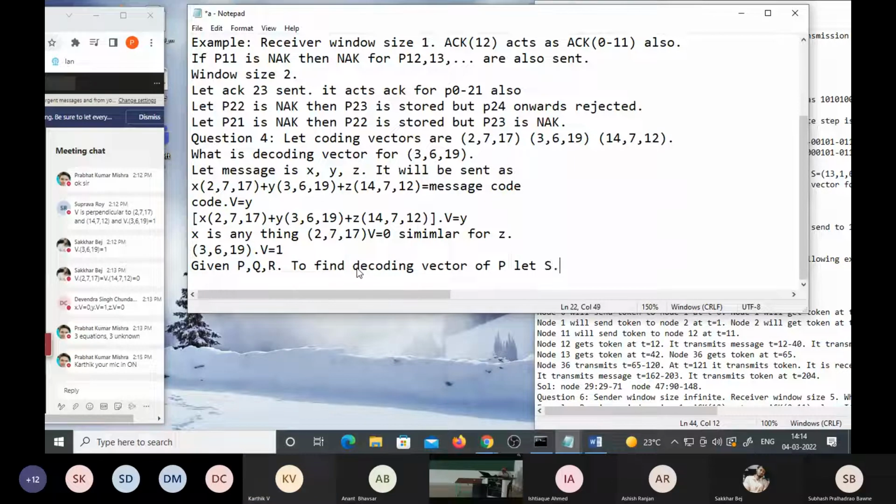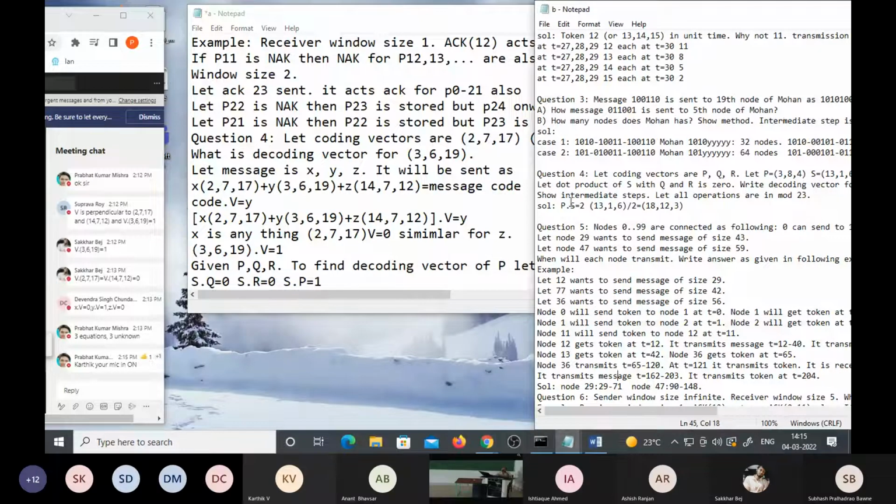So S dot Q equals 0, S dot R equals 0, and S dot P equals 1. We need this. Is it correct? Yes. We need this. So what is going to happen?